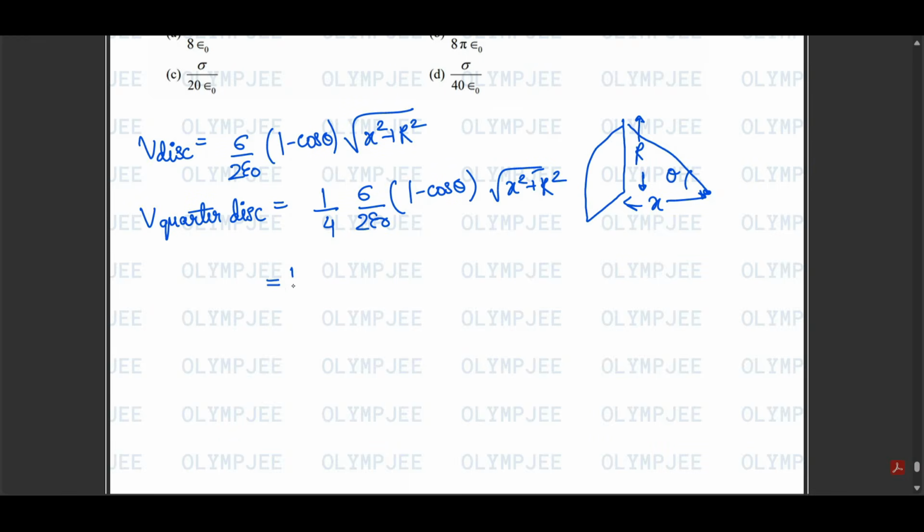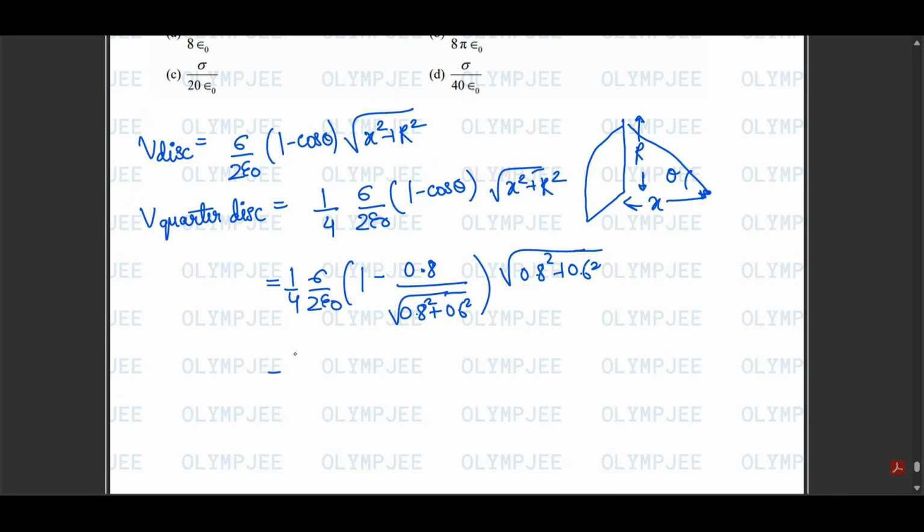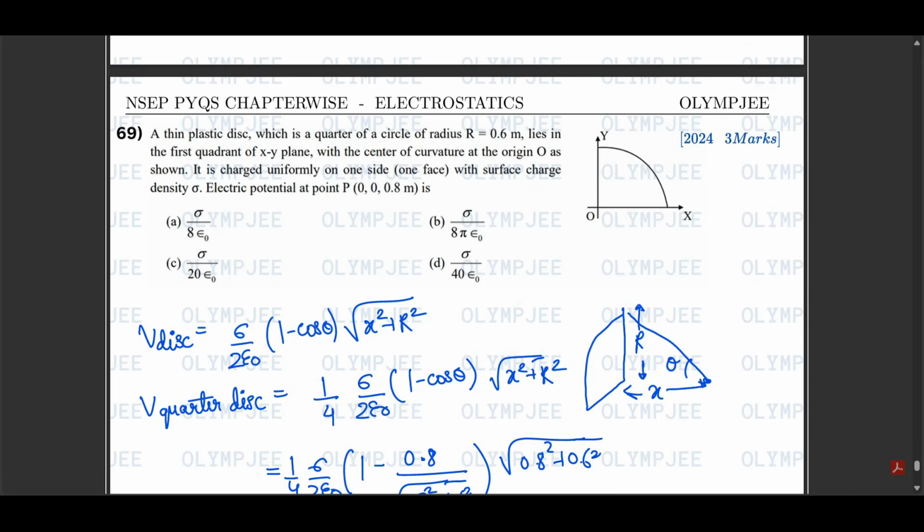So it will be 1 by 4 sigma by 2 epsilon naught times 1 minus 0.8 divided by the square root of 0.8 square plus 0.6 square. 0.8 square plus 0.6 square is 1, so it will be 2 by 10. So it is 1 by 40 sigma by epsilon naught. So the answer is option D.